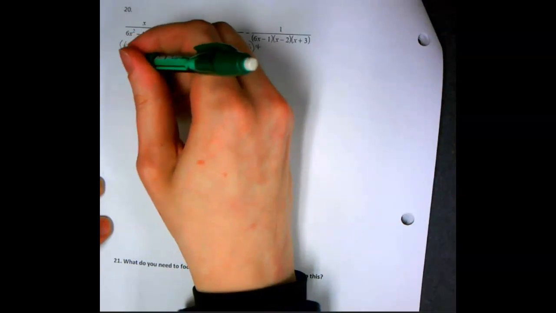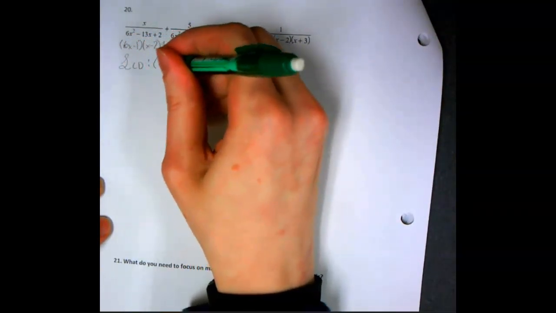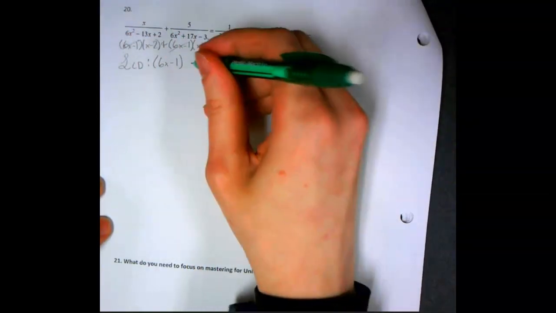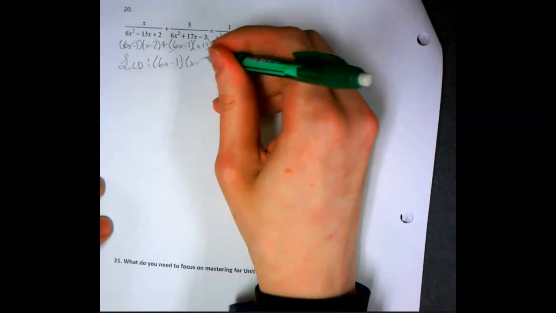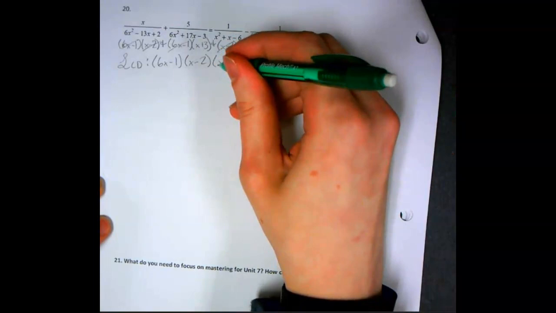So our LCD is going to be (6x minus 1)(x minus 2)(x plus 3).